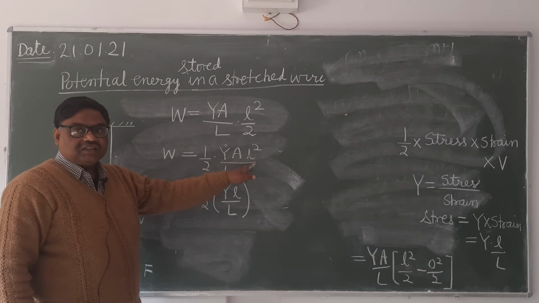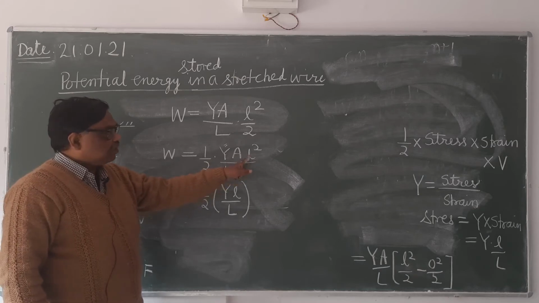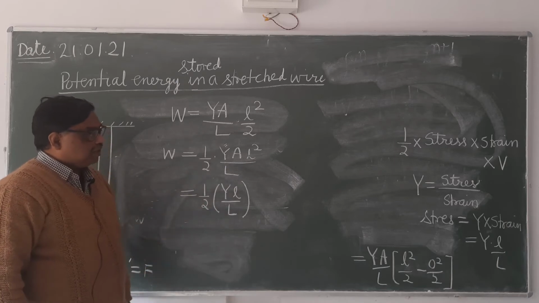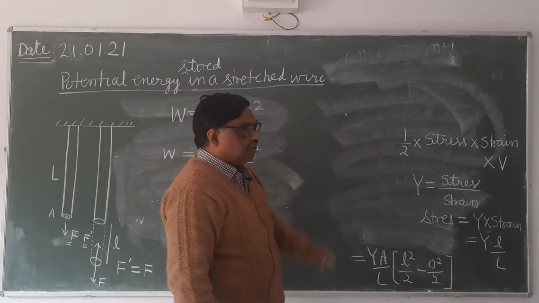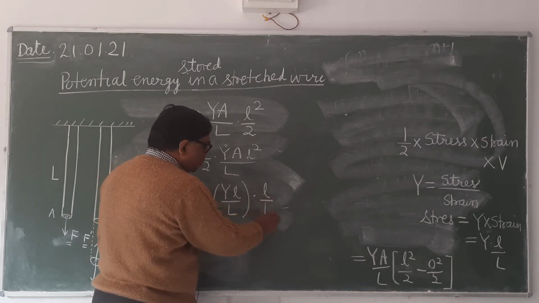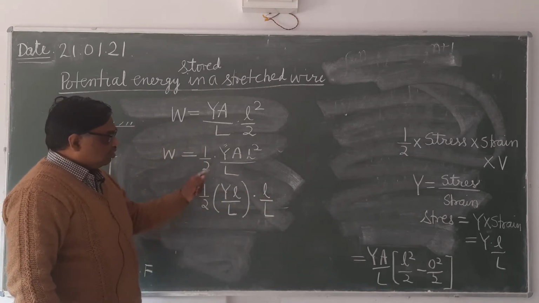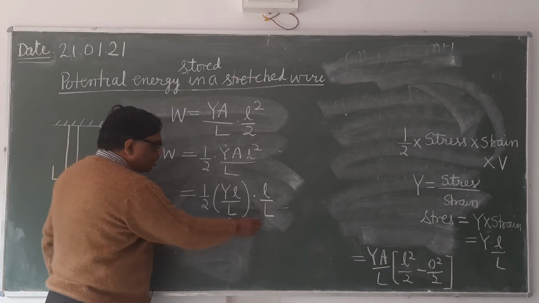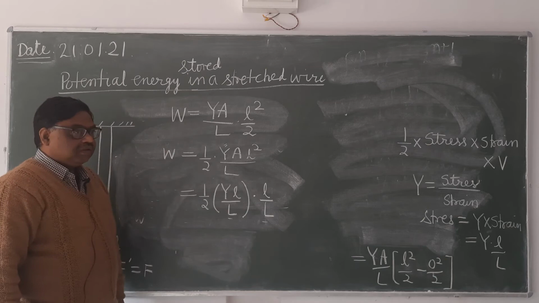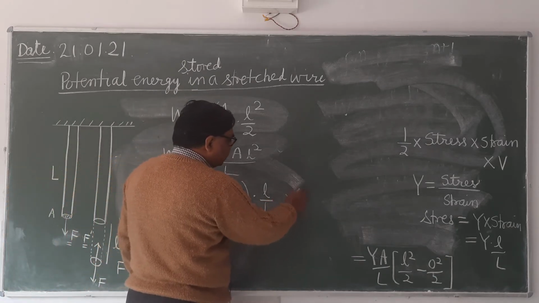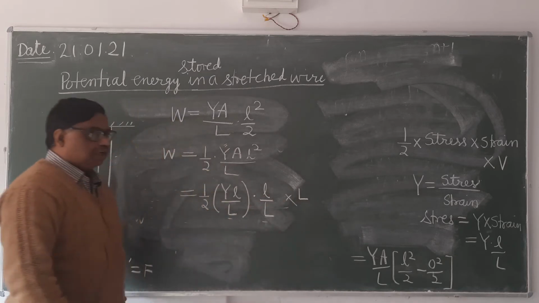Then here it is L square, so that can be written as L into L, one L is taken here upon capital L. Then the next term is strain, which means small l upon capital L. But if we look, below there is only capital L, not L square. Here it will become L into L, L square. So what will you do? You multiply here with capital L so that the value is not changed.